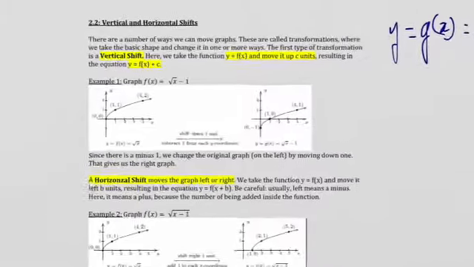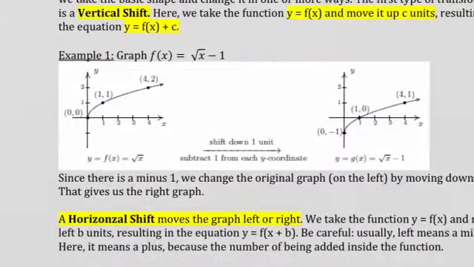Let's take a look at example number 1. We have here the function f of x equal to another function, let's call this function g of x, minus 1. As you can see, because of the negative, I'm supposed to have a vertical shift down of 1 unit.